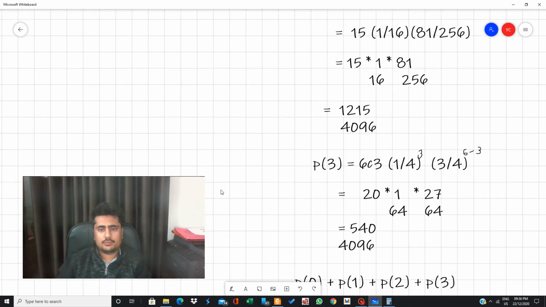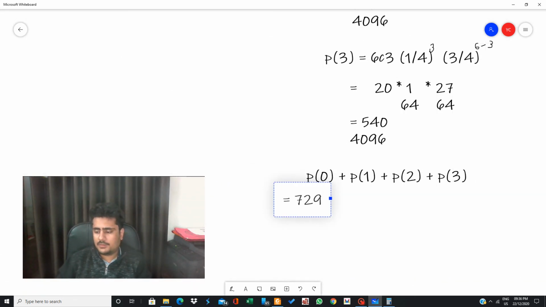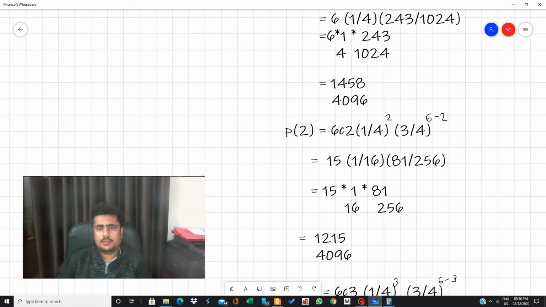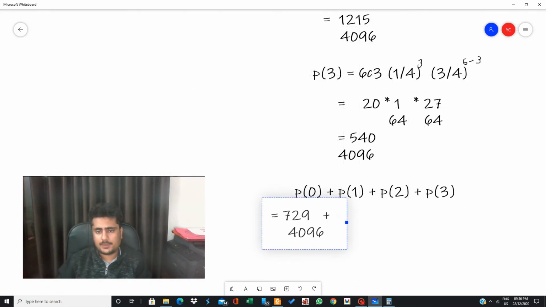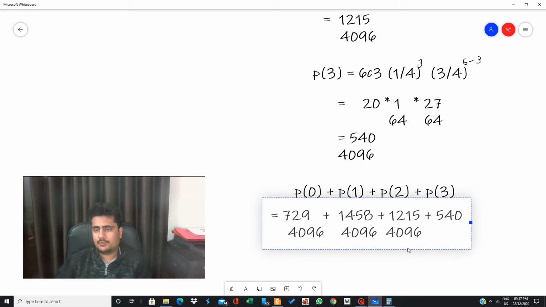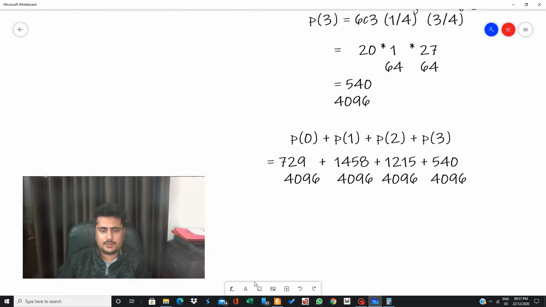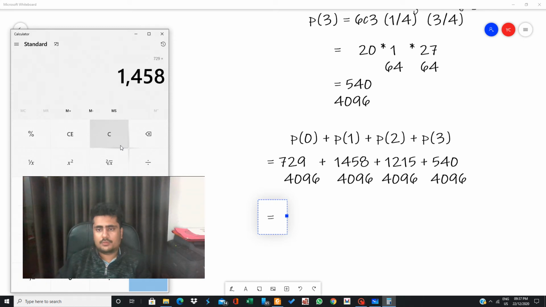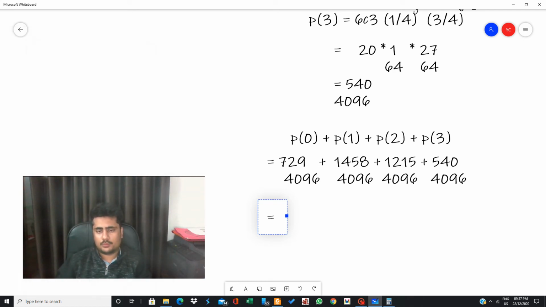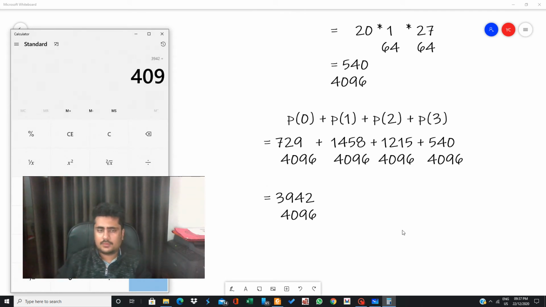This is 729 upon 4096. 729 upon 4096 plus P of 1, 1458 upon 4096, plus 1215 upon 4096, plus 540 upon 4096. 729 plus 1458 plus 1215 plus 540 is 3942 upon 4096, that is 0.96.